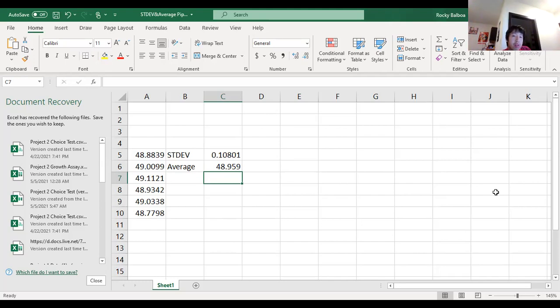So standard deviation is 0.10801, and our average is 48.959.